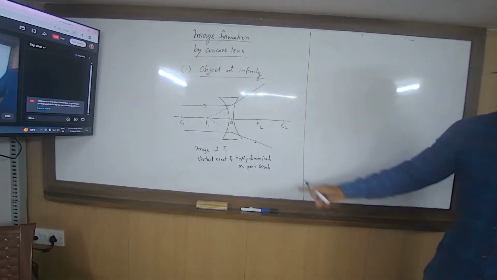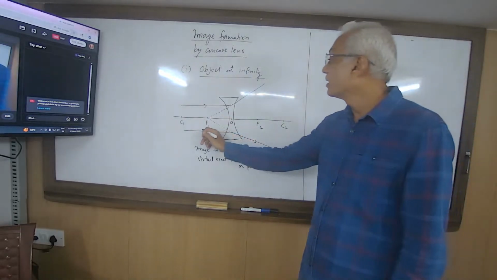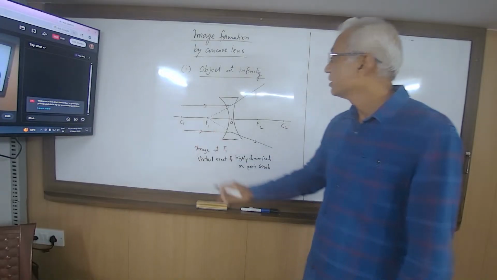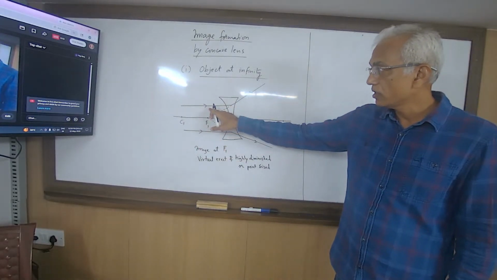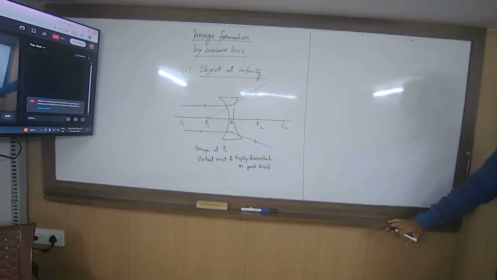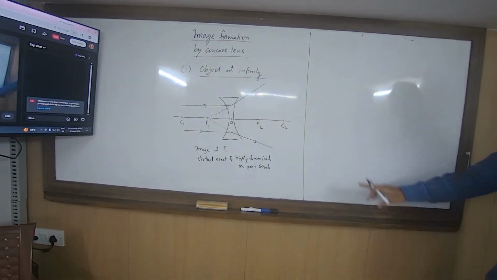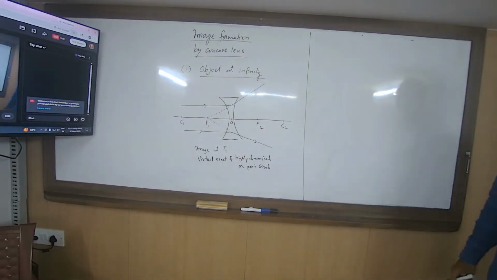All the points on the principal axis, and all the directions of incident and refracted rays, should be marked. Each ray should have two directions, incident direction and direction after refraction, and all the points on the principal axis, including the optical center.